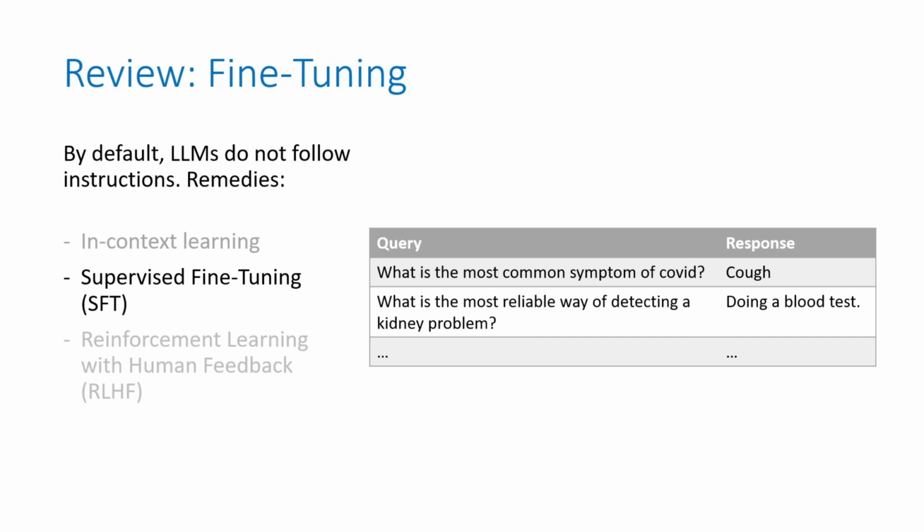The second method is supervised fine-tuning, aka SFT. The training setup and task is very similar to pre-training, but here you collect a high-quality dataset that specifically focuses on the problem interesting to you. A variant of this method is called instruction fine-tuning, which divides the text into queries and responses.